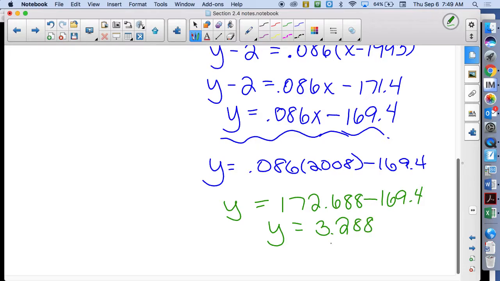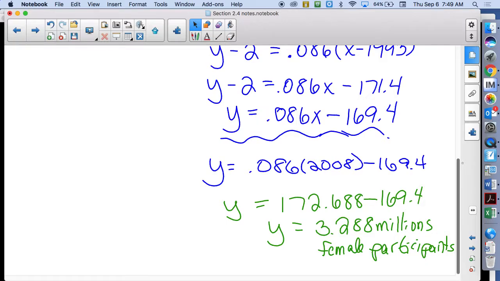That's better. And that is in millions. The data given to us was in millions. It started out with 2 million, went to 2.86 million. So we'll just make sure we label that instead of actually applying all the zeros to it.